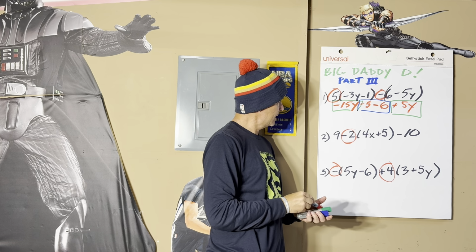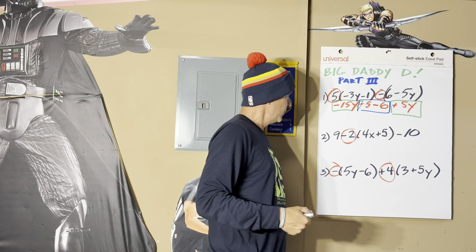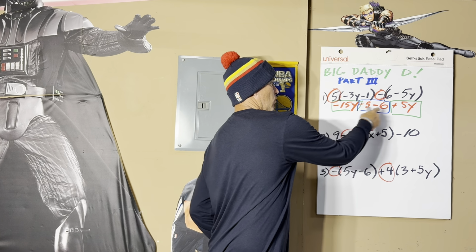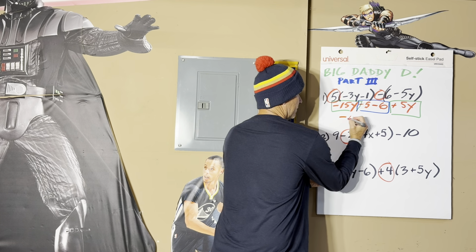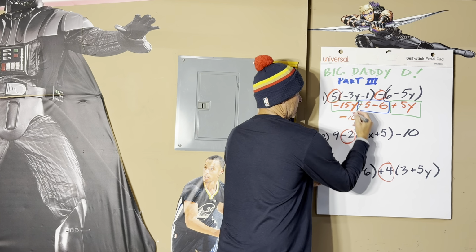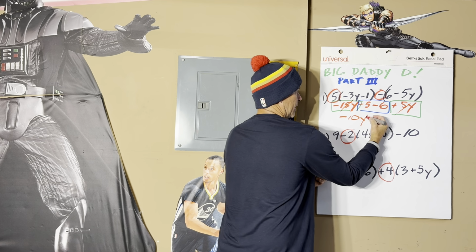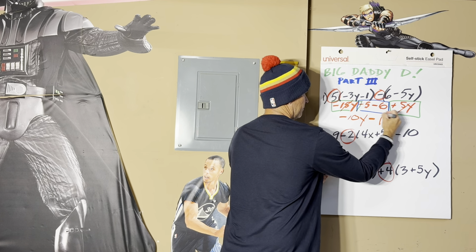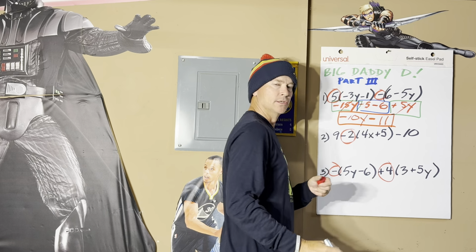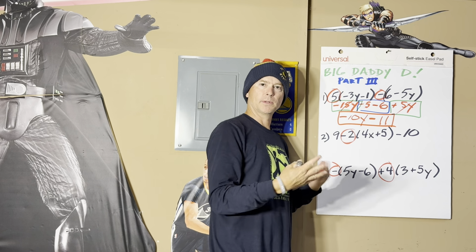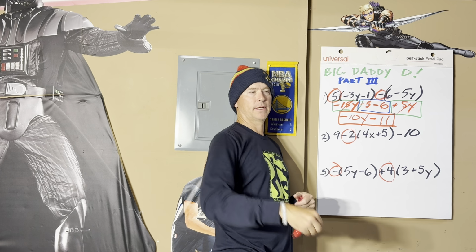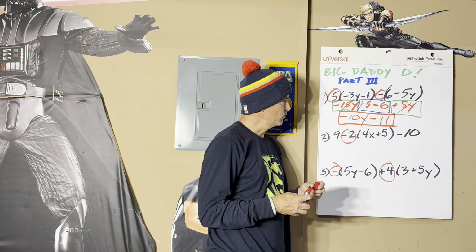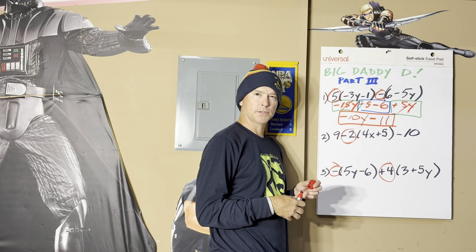So with that being said, let's just finish it up. -15y plus 5y. So -15 plus 5 is -10y. -5 minus 6 is -11. Okay, so you might have been pretty good with the distributive property, but I told you we stepped it up. Now you have to know how to add and subtract and multiply, divide negative and positive numbers, which I'm going to do some videos on pretty soon.